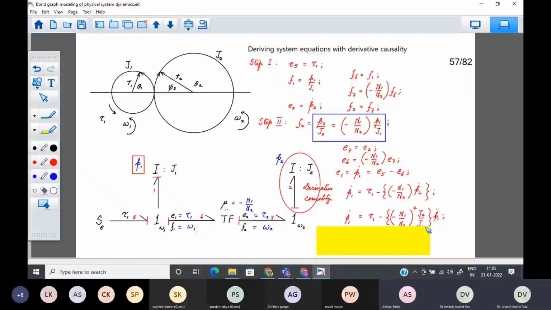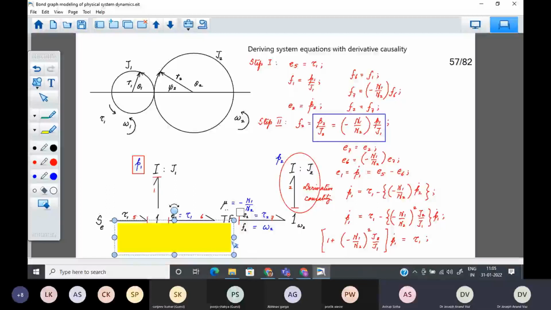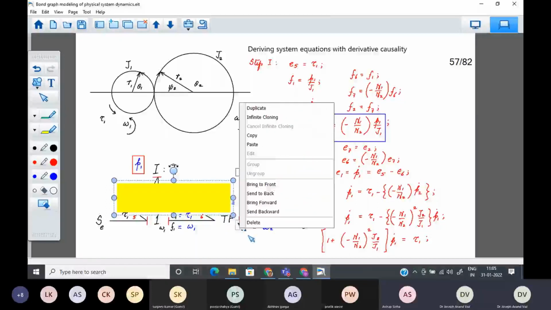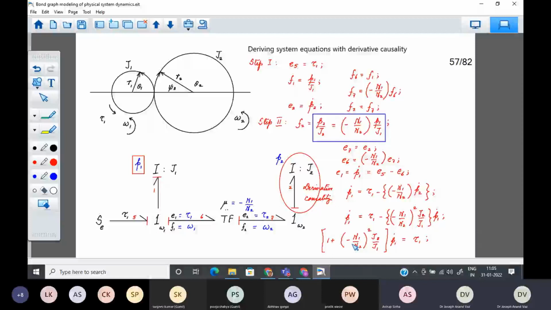So instead of P2 dot, you can write it as minus N1 by N2, the whole square, into J2 by J1 into P1 dot. Now you can see that left hand side also has P1 dot, right hand side also has P1 dot. So you can take this derivative term to the left hand side and write it as 1 plus this term into P1 dot is equal to tau 1.